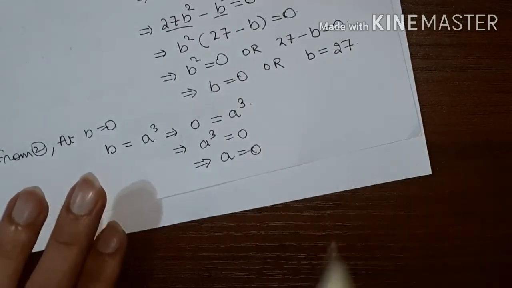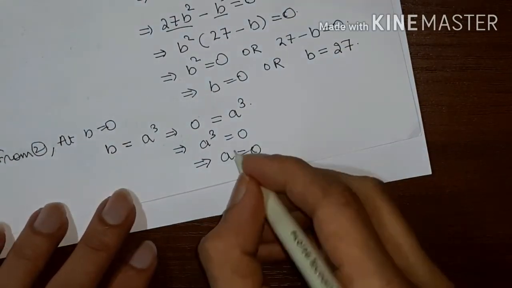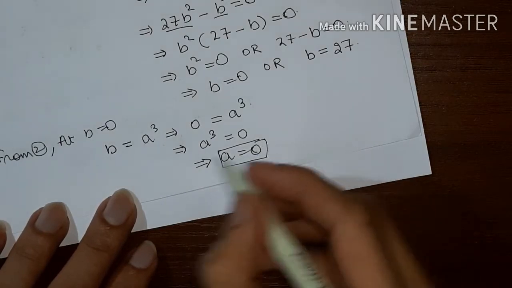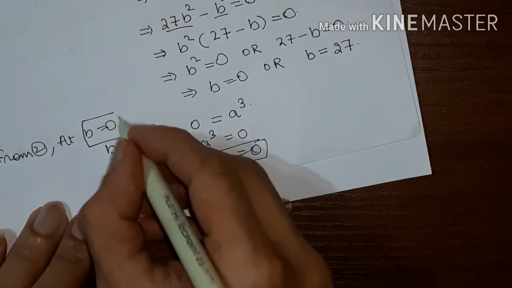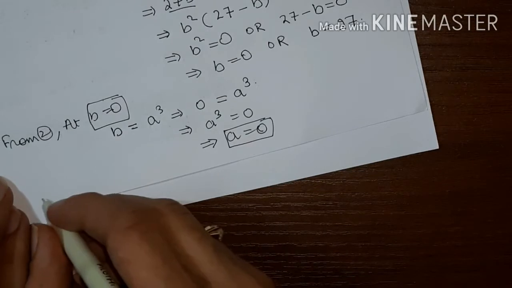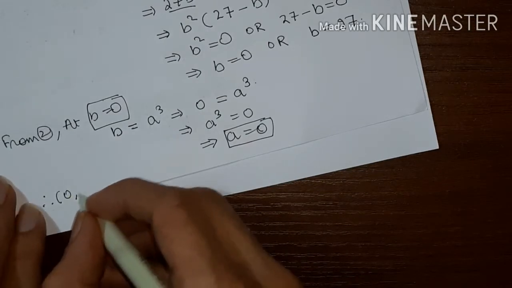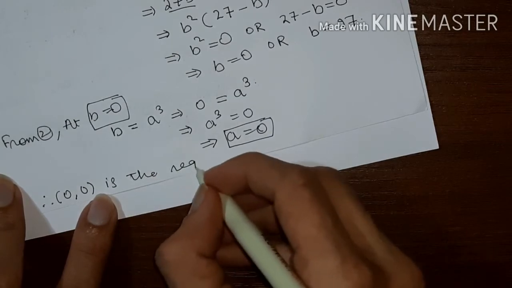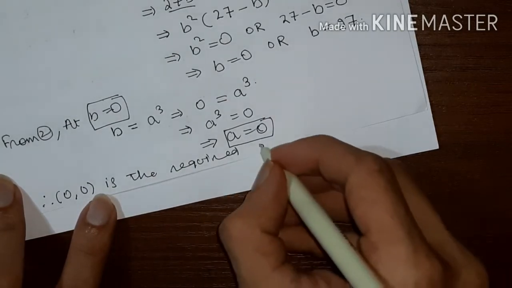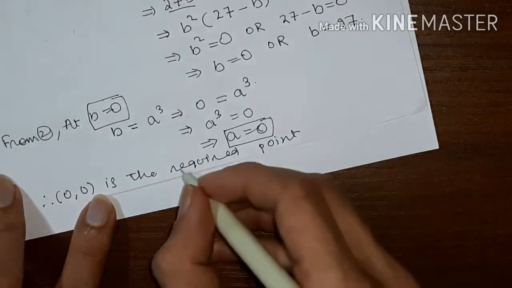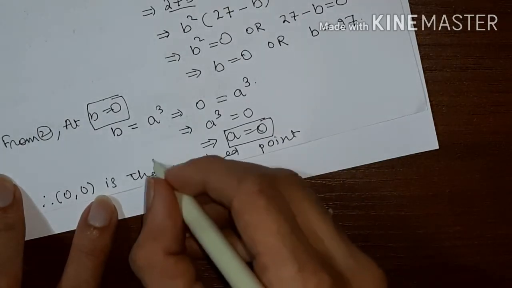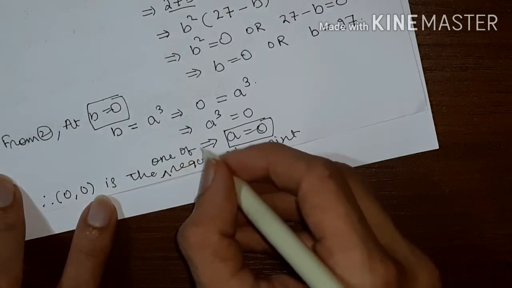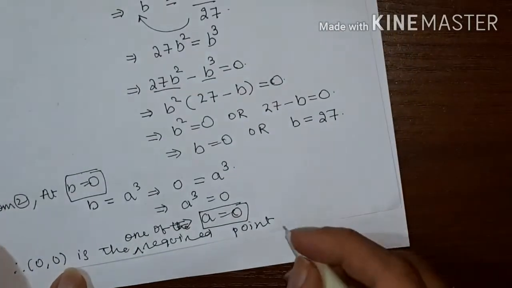So a is equal to 0 you will get, right. So a is equal to 0 for b equal to 0, right. So therefore what we can say is 0 comma 0 is the required point, okay, one of the required points.